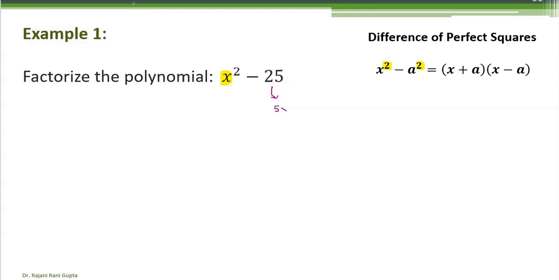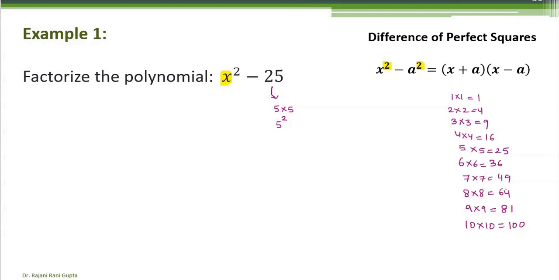It is 5 times 5, correct? So we can write it as 5 power 2. You can easily remember it: 1 times 1 is 1, 2 times 2 is 4, 3 times 3 is 9, and so on.